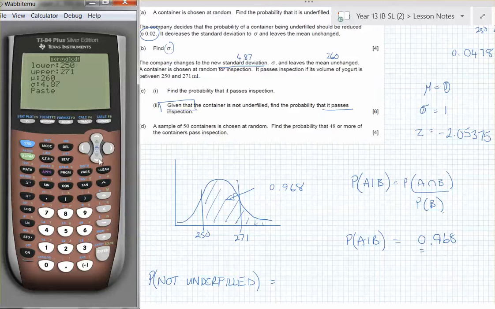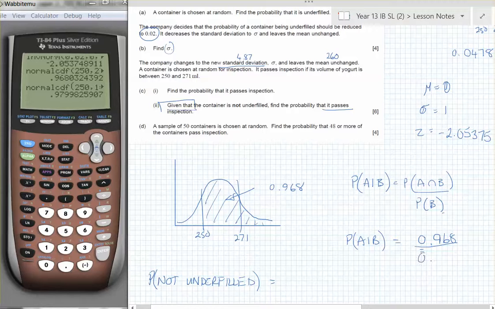Normal CDF, this time the lower is 250, the upper is 1 times 10 to the 99. Still got the same mean and standard deviation as that, so we've got a value of 0.97998. So if we do that, we get a value of 0.988, basically. We do that divided by that.